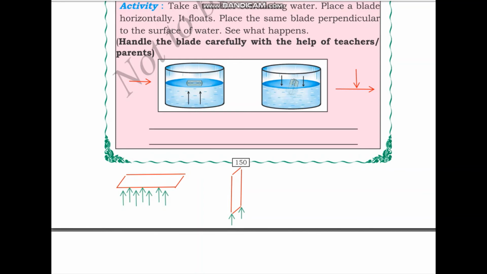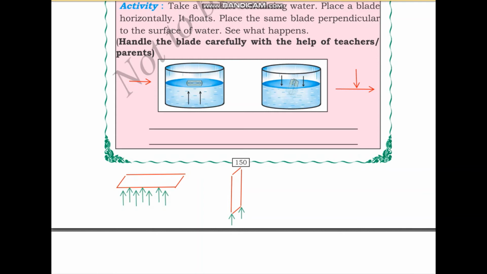If you can see here in the first diagram, when the blade is placed horizontally, the entire surface of the blade, all of this region, is pushed by the water.